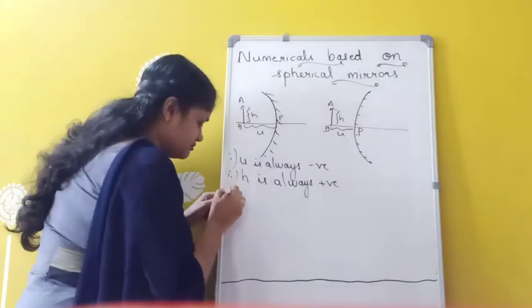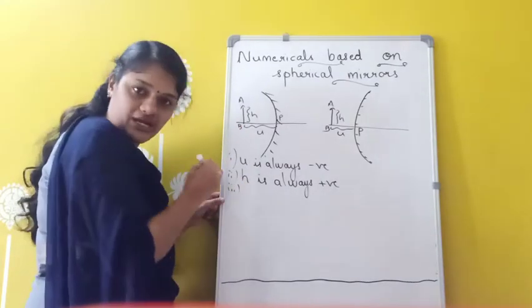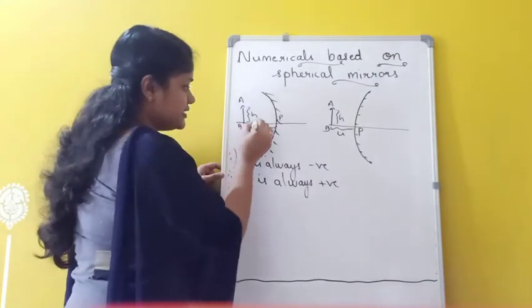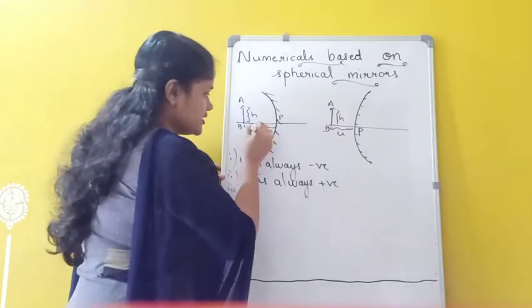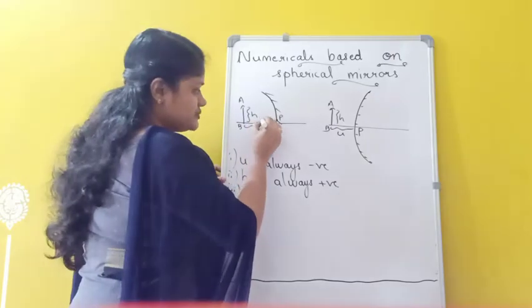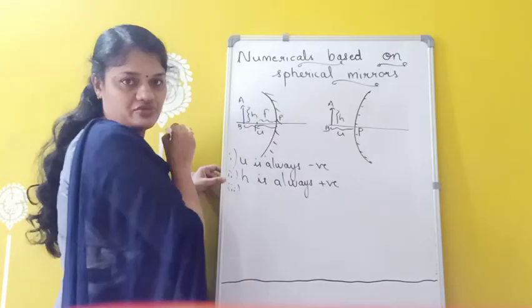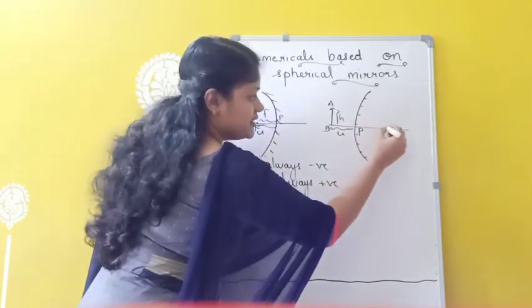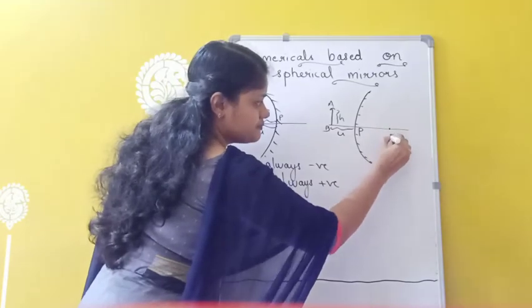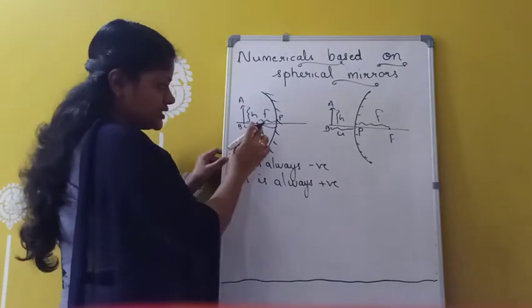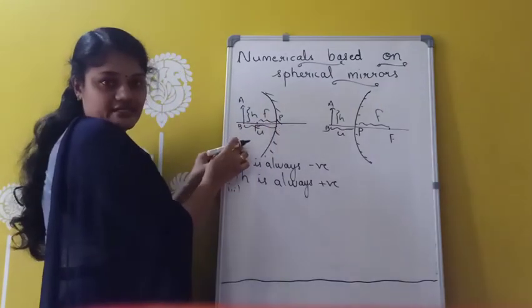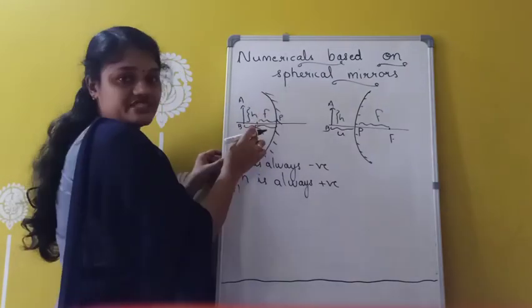Okay. Then third one, focal length. Suppose somewhere here is a focus, and this much distance is taken as focal length f. Similarly here, somewhere here is a focus, and this much distance is the focal length. So here this f comes on the left hand side. So this focal length is negative for which mirror?